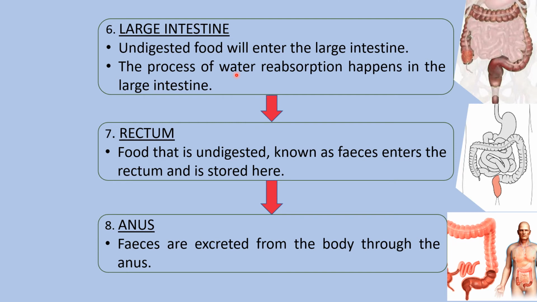The process of water reabsorption happens in the large intestine. Then in the rectum, undigested food, known as feces, is stored. Feces are excreted from the body through the anus.